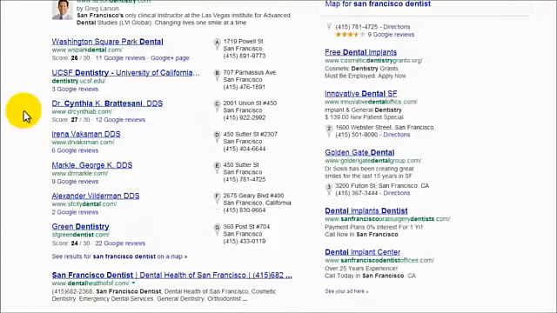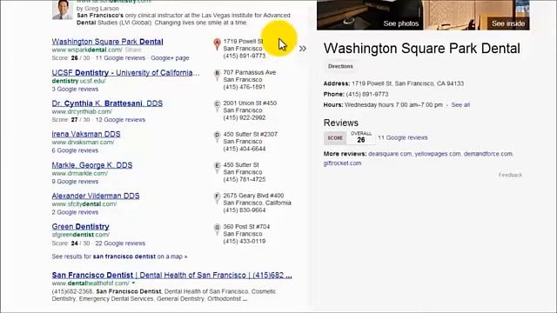So this is prime real estate for anybody. If one of your customers is coming to look for you, wouldn't it be great to be on this first level? Because you'll get buried in Google Places if you're not strategically trying to get yourself on page 1. And again, this is probably the greatest free advertising that you'll ever have.